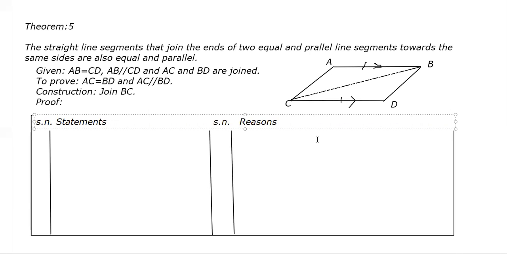In quadrilateral ABCD, B and C are joined, so we can get two triangles here. One is ABC, another is BCD. Two triangles are here, triangle ABC and triangle BDC. Let's prove them congruent first.